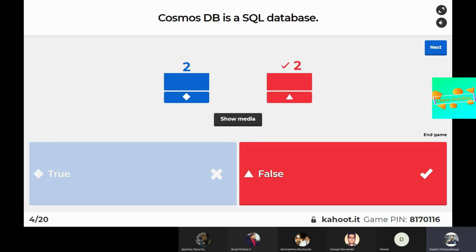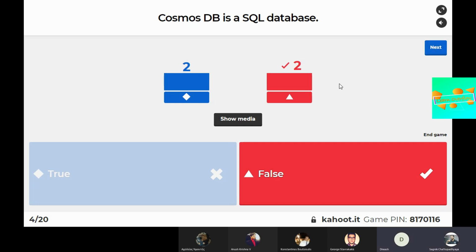Cosmos DB can hold unstructured and structured data. It is actually a NoSQL database, or you can say it's not a SQL database. Azure SQL is the other one. That's why it's false.